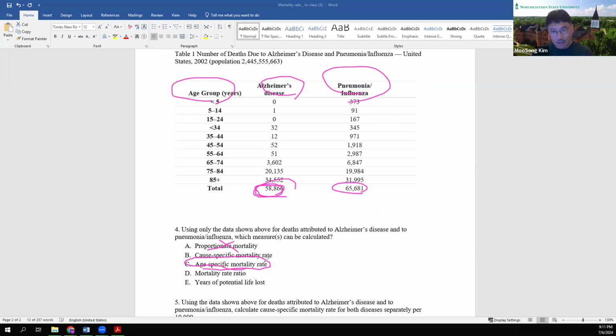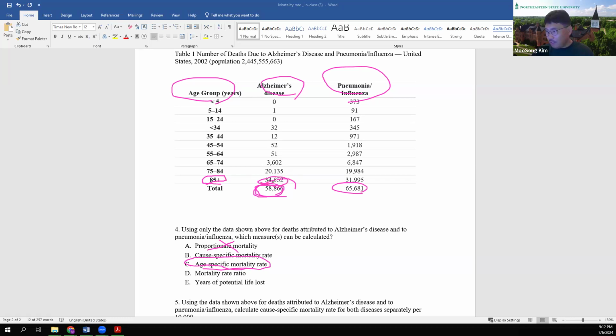We need the total population for that certain age group.